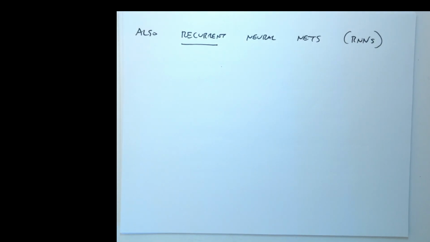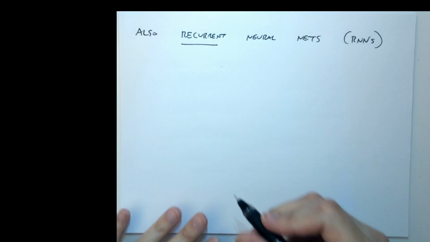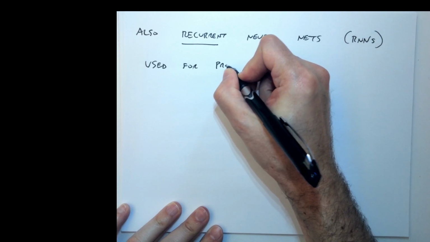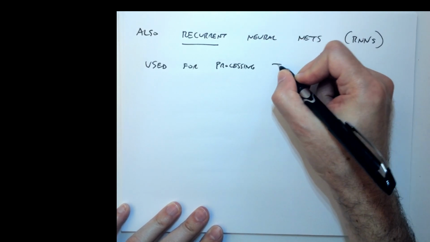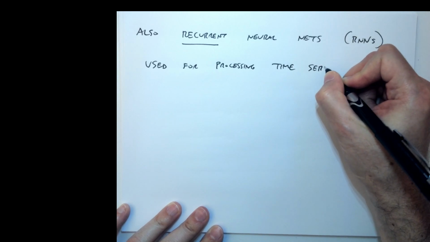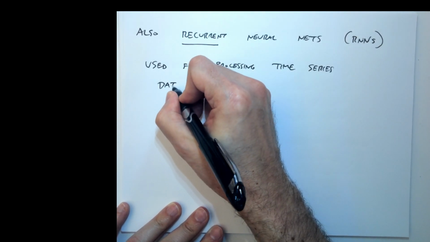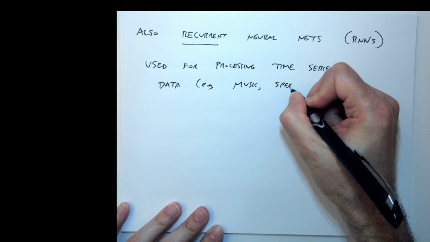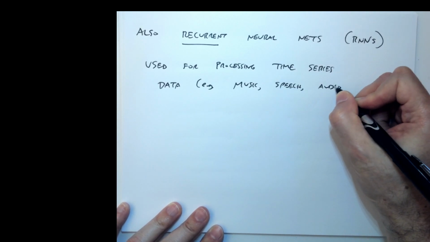These are specific kinds of networks that are typically used for processing what I would call time series data, things like speech, audio, or music, where the samples are related to each other in a temporal way.